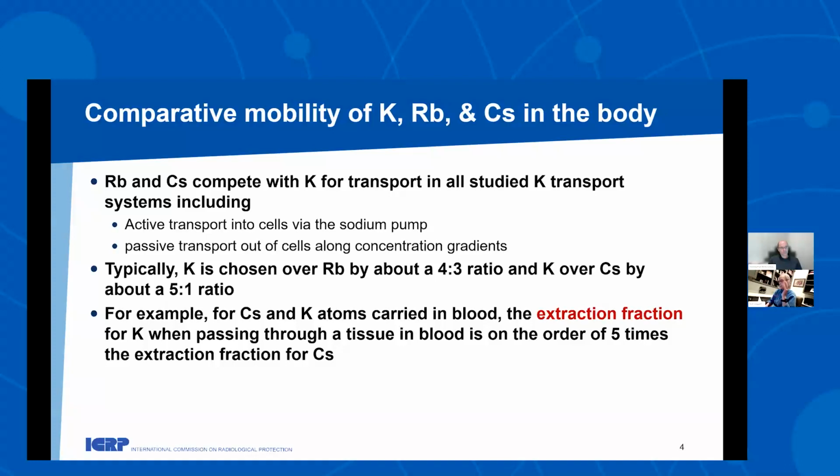For example, if cesium and potassium atoms are circulating in blood, the extraction fraction when passing through a tissue is on the order of 5 times as high for potassium as for cesium.